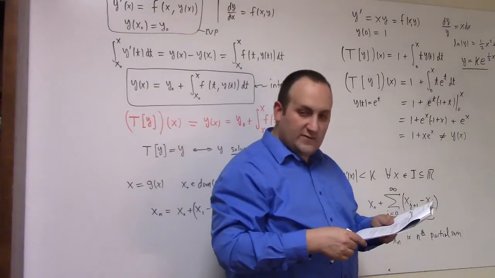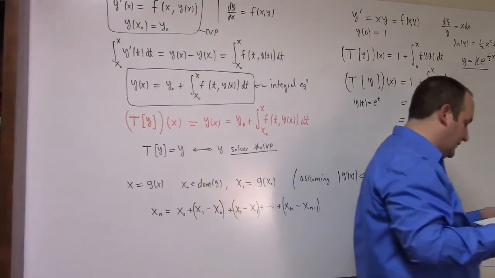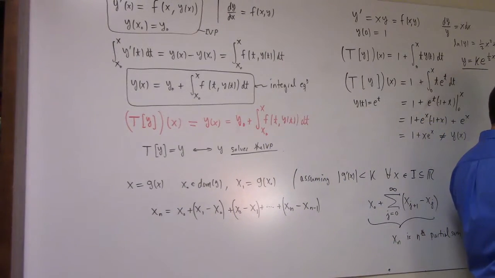All right, so this gives us the notion of uniform convergence. What's uniform convergence? We say yn, and he uses some kind of special notation, I've never seen this anywhere else, but it's not bad.